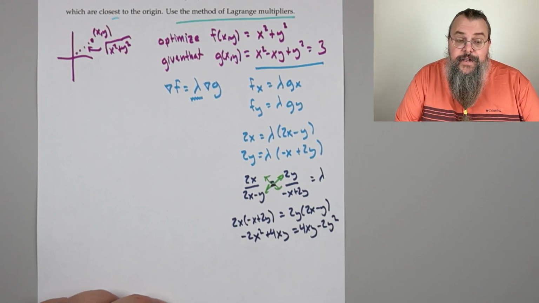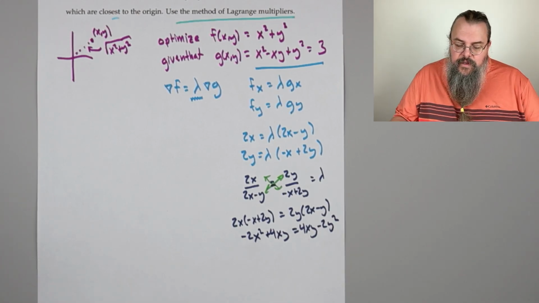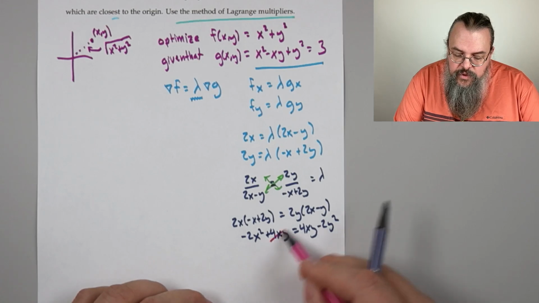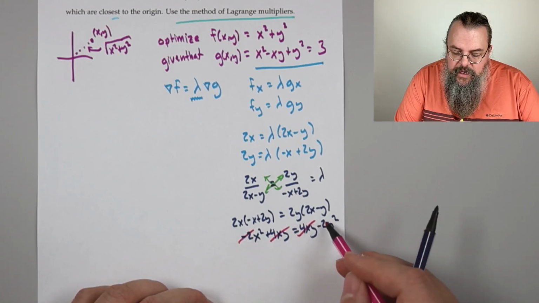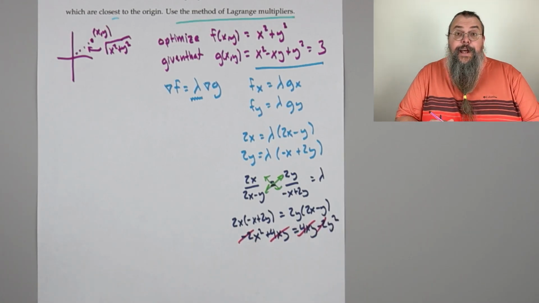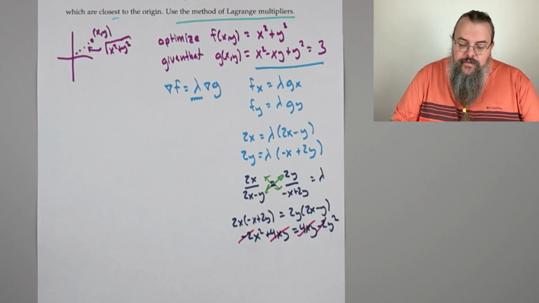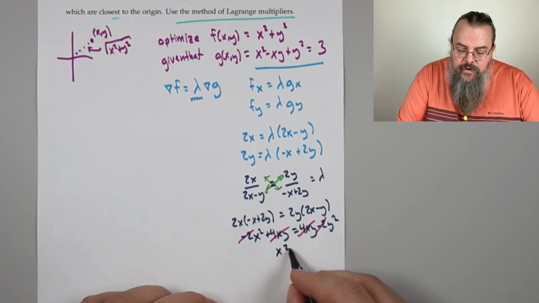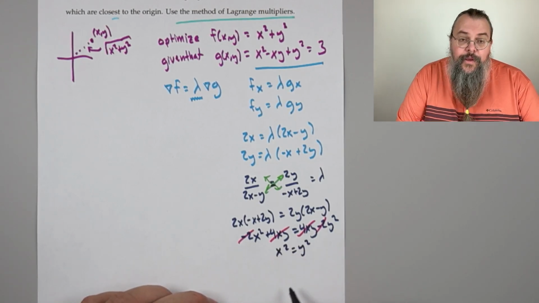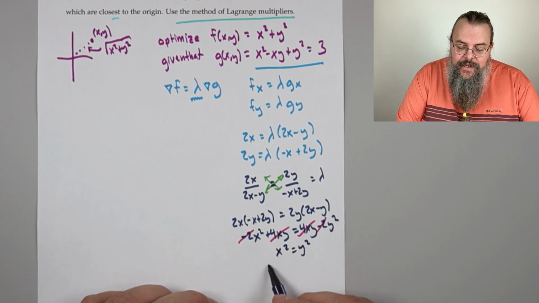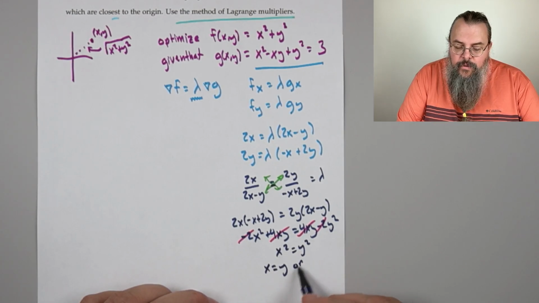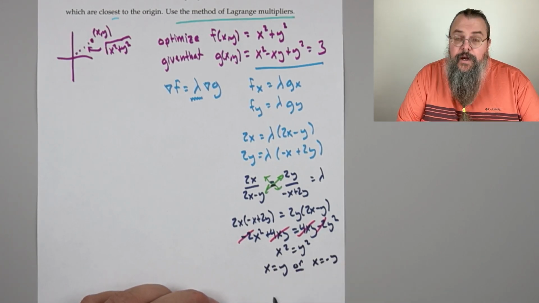This is kind of convenient because we see that the 4xy's cancel. We can divide out by the minus 2's. And we're left with x squared equals y squared, which says either x equals y or x equals minus y.